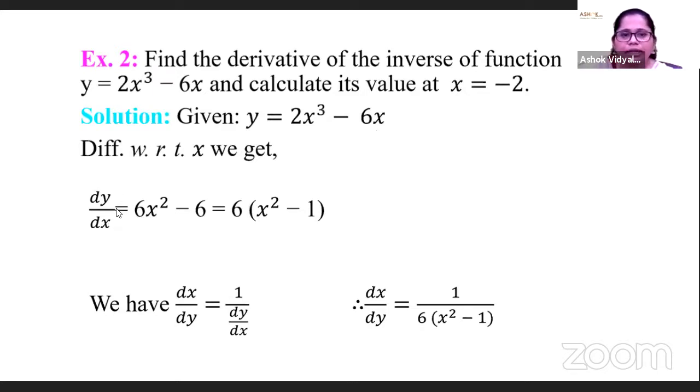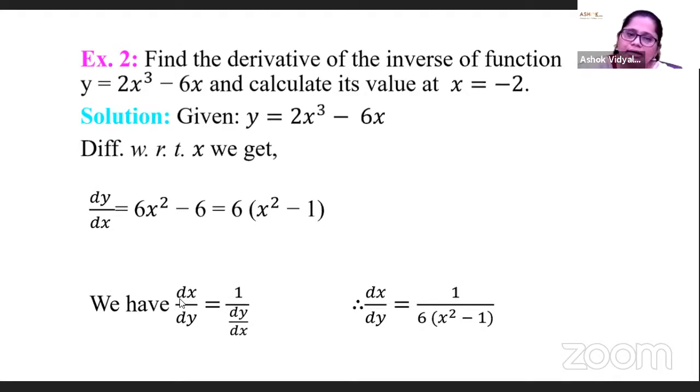We get dy by dx is equal to the derivative of 2x cube minus 6x. The derivative of 2x cube is 6x square and the derivative of 6x is 6. Hence dy by dx is 6x square minus 6. Take 6 common: 6 into in bracket x square minus 1.